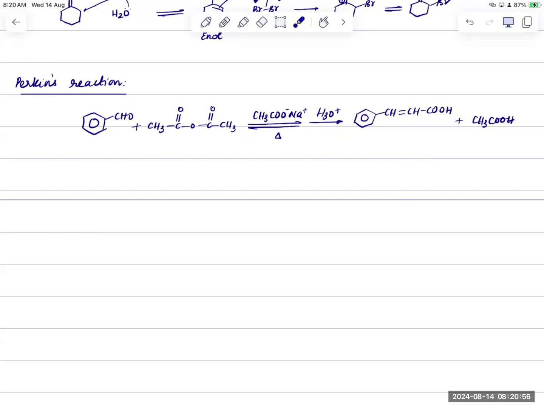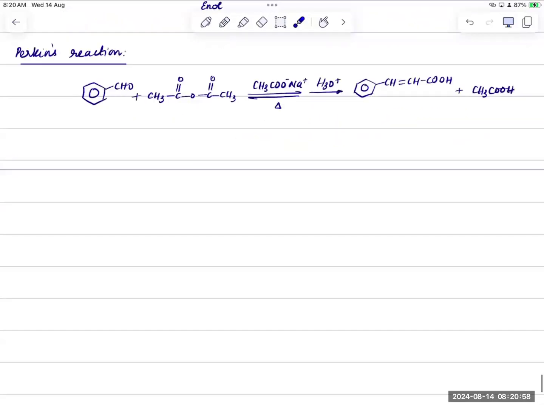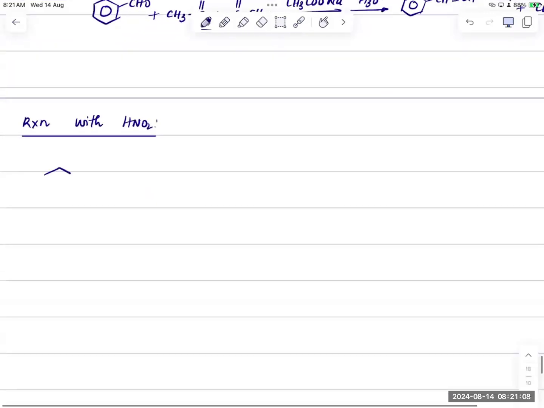And next, reaction with HNO2. HNO2 reaction is nitroso substitution. That is, if you have a double bond O here, and let's say I treat it with NaNO2 in the presence of HCl.